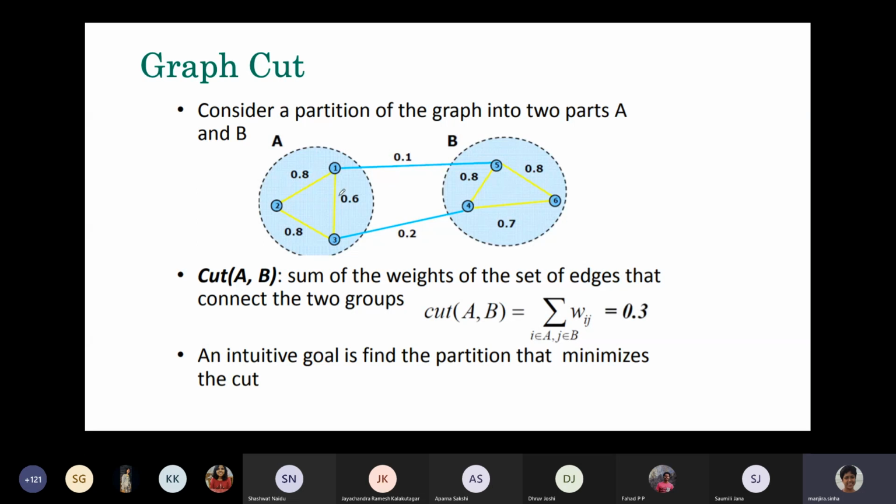It is 0.8 plus 0.6 plus 0.1, correct? The degree of node 2 is 0.8 plus 0.8. The degree of node 6 is 0.6 plus 0.8 plus 0.2. Am I correct? So if I add up all the degrees, I am calculating these three edges 2 times each.